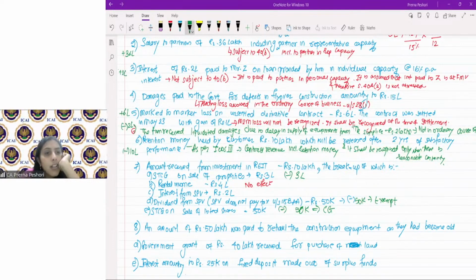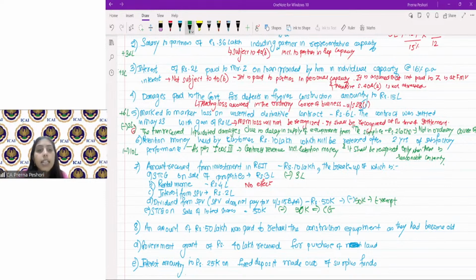Are we getting that? Now under 112, every other type of long-term capital gain is covered, right? So in that particular case, 112A is specifically not covered here. So any other income will be taxable at the maximum marginal rate. Are we clear? Okay. Clear, Kaushiki?